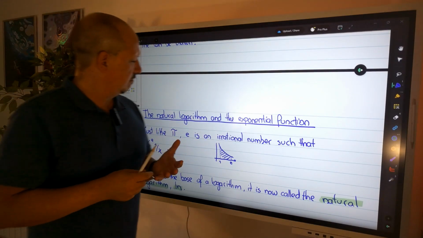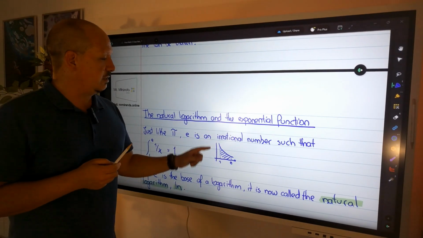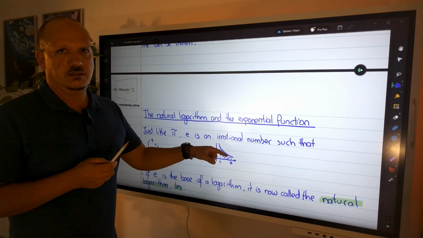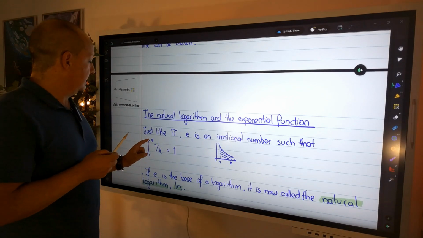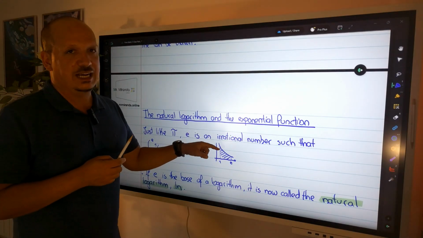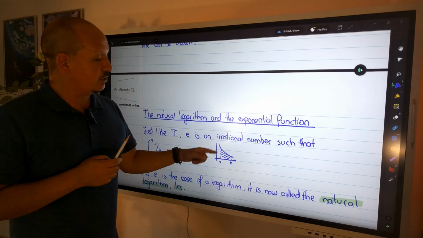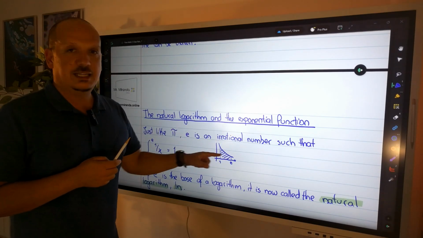You learned last year that the integrals under some lines correspond to the area between that line and the x-axis.